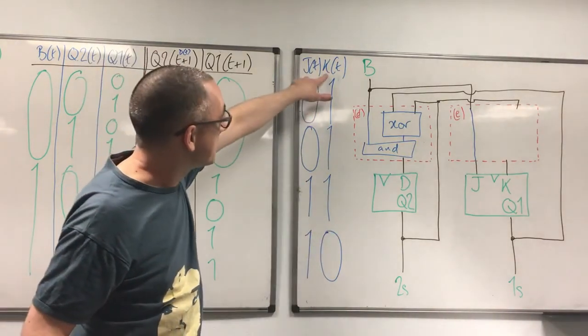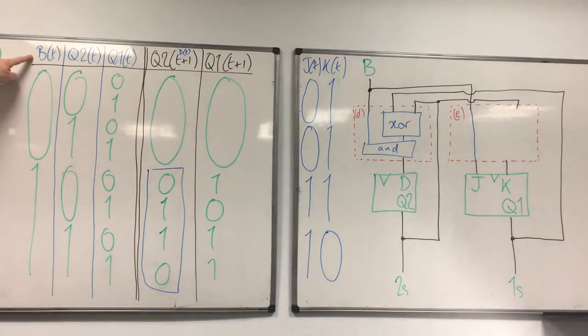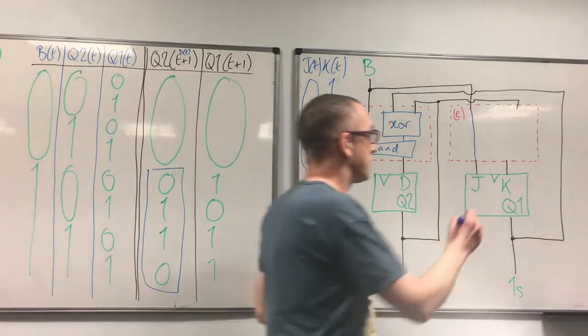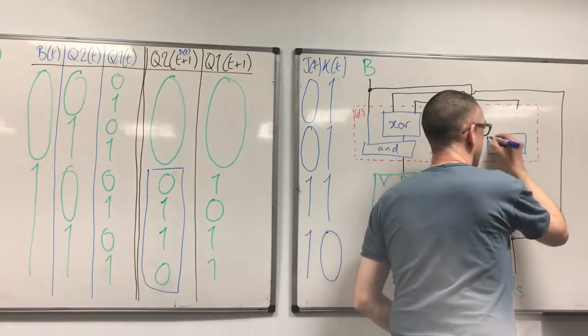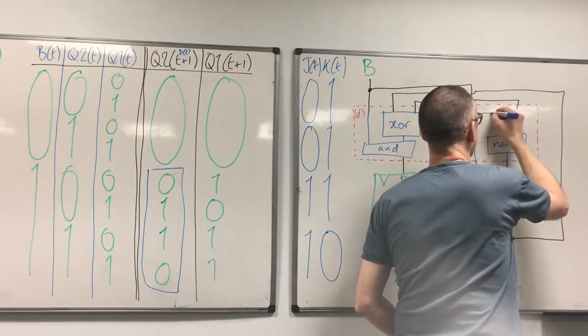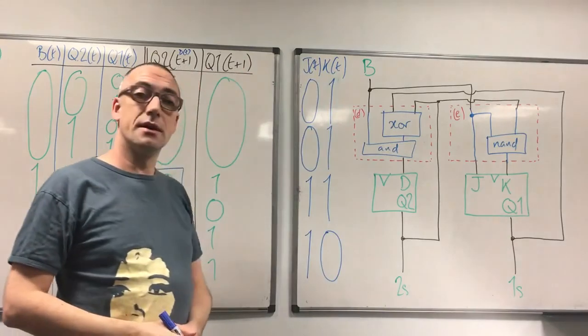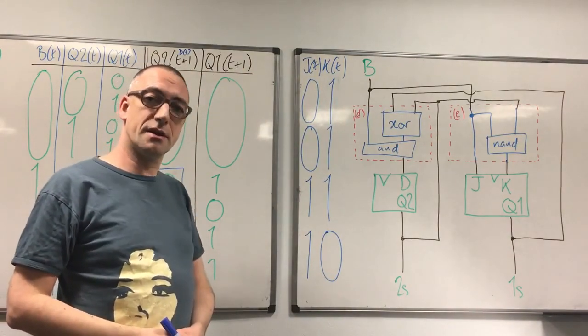That is to say that the K signal is the result of NANDing B with Q2. Fine. We've completed Katya's circuit. Good luck, Ed Balls.